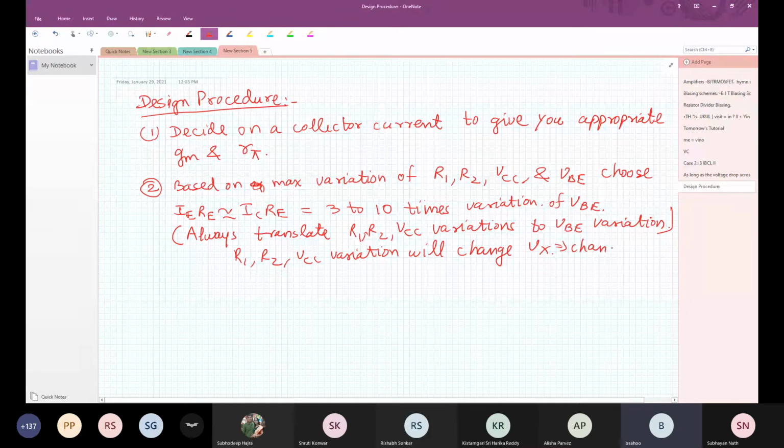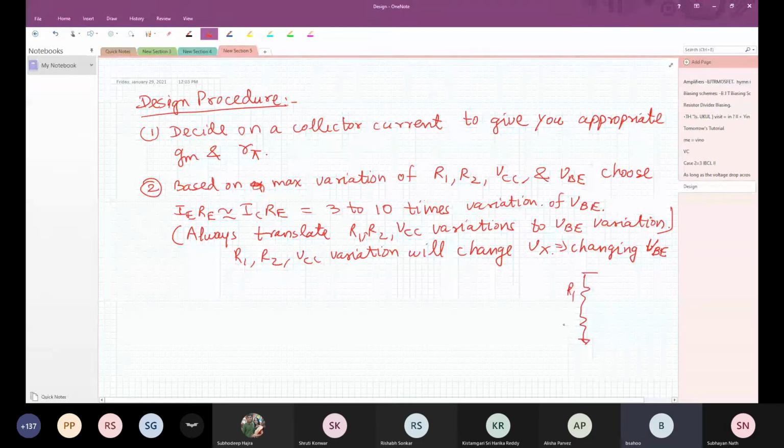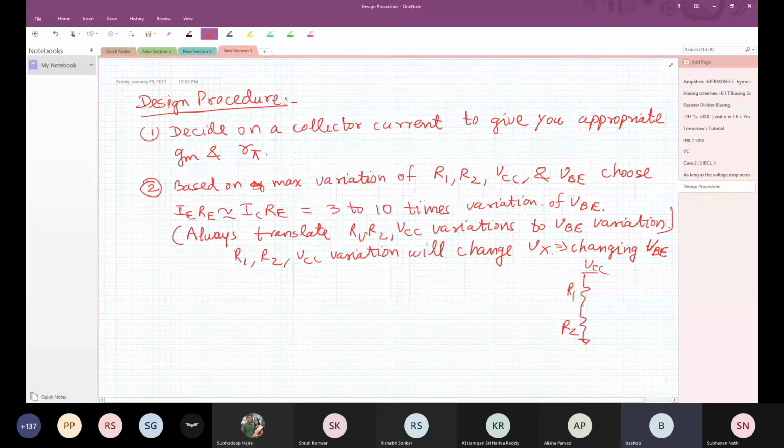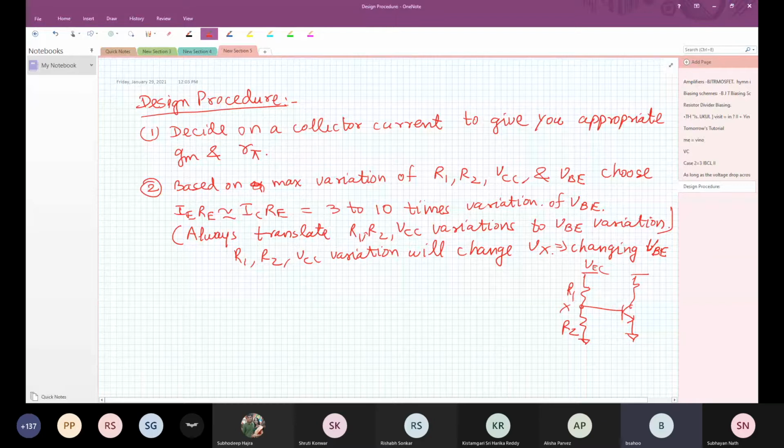So consider it that way. This is R1, R2, VCC, this is node X. Now here, if I have no resistor, this variation of R1, R2, VCC would translate to a VBE variation. And of course, the transistor will have its own VBE variation. That's why we say always translate, and that's why we have the statement 3 to 10 times variation of VBE.